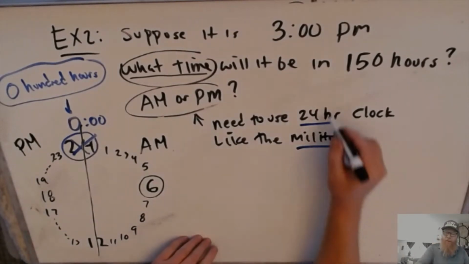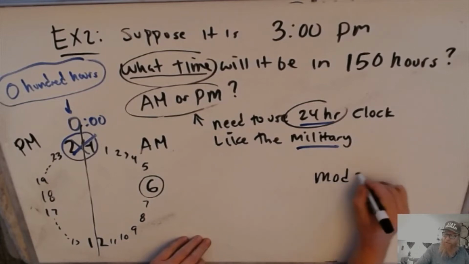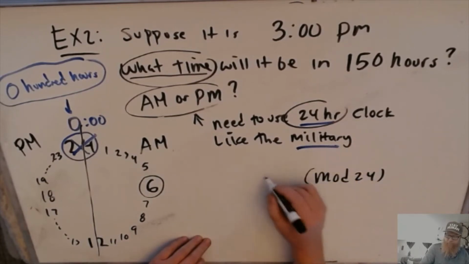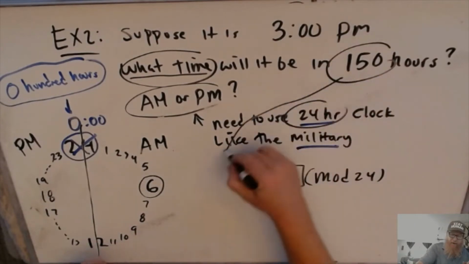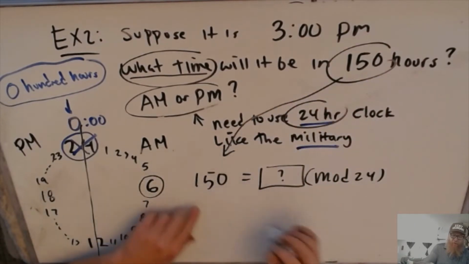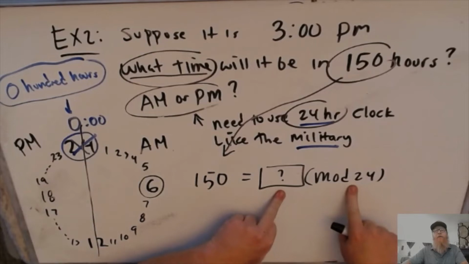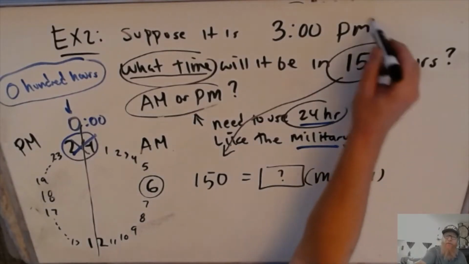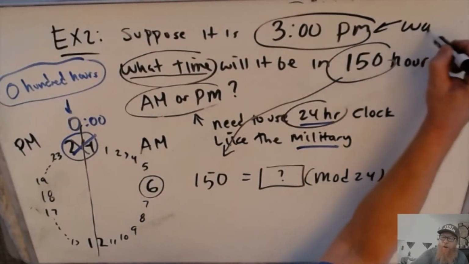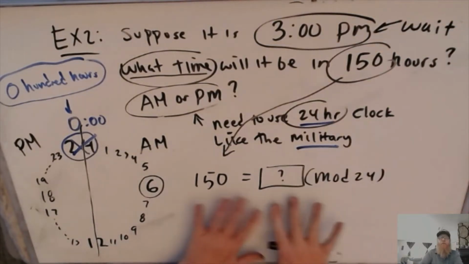So what we're going to do is mod 24. So we've got 150 hours is what mod 24? Don't worry about the 3 p.m. right now. We're going to wait until we're done solving our modulus.